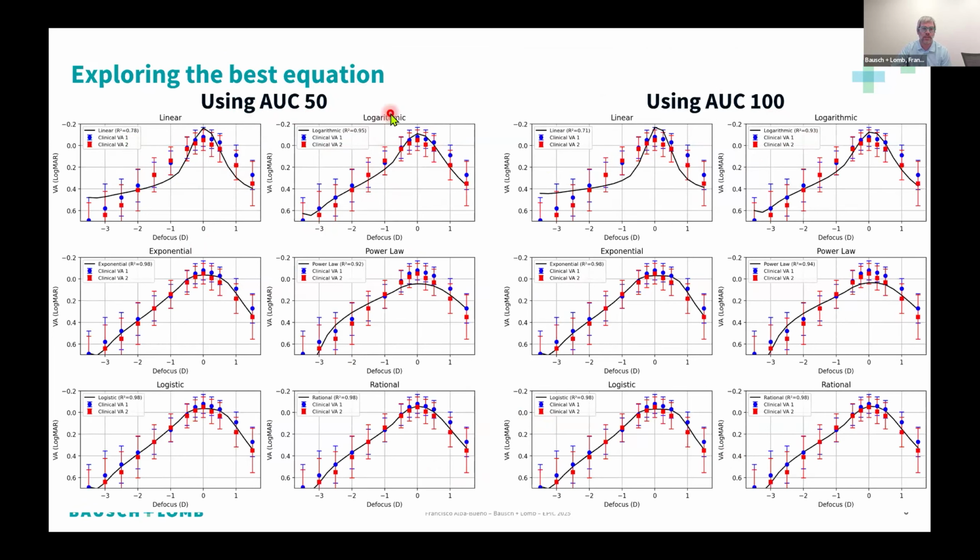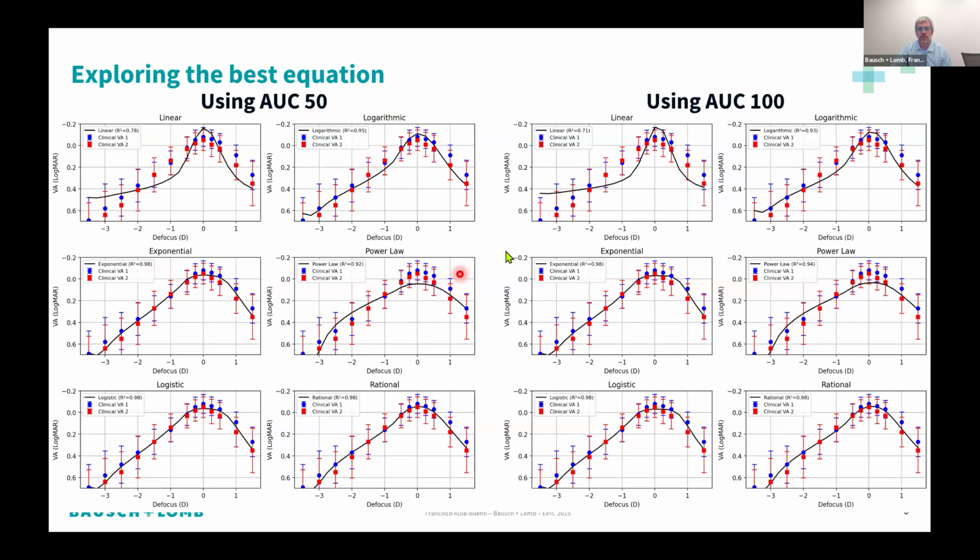Anyhow, logarithmic is 0.95, which is pretty high. The best correlations we got were with exponential, logistic, and rational approaches, using 0 to 100 cycles per millimeter and 0 to 50 cycles per millimeter.